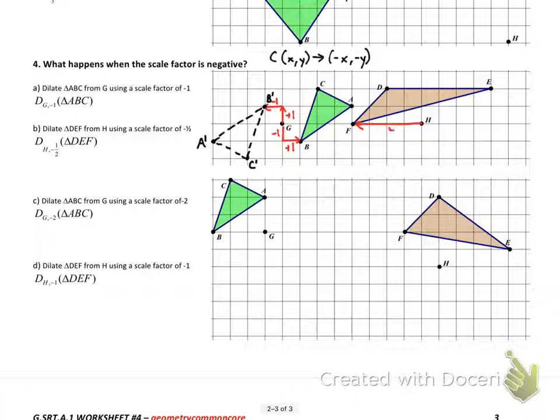That's -4. Well, the dilation point is going to be going to the right. I already know that. And it's going to be half of the distance. So this is going to be +2. So +2 is -1/2 of -4. All right, there's F prime.